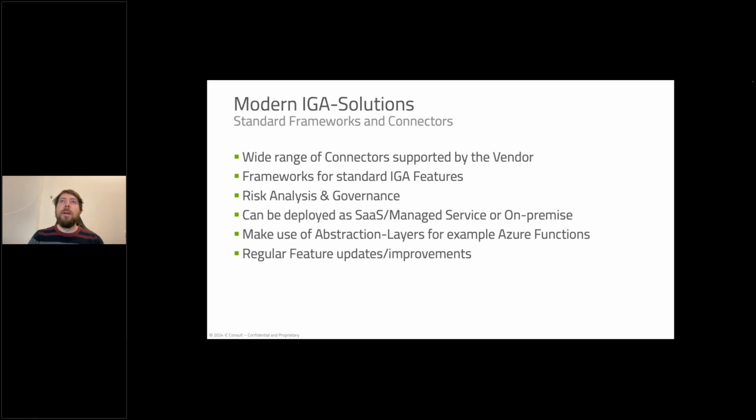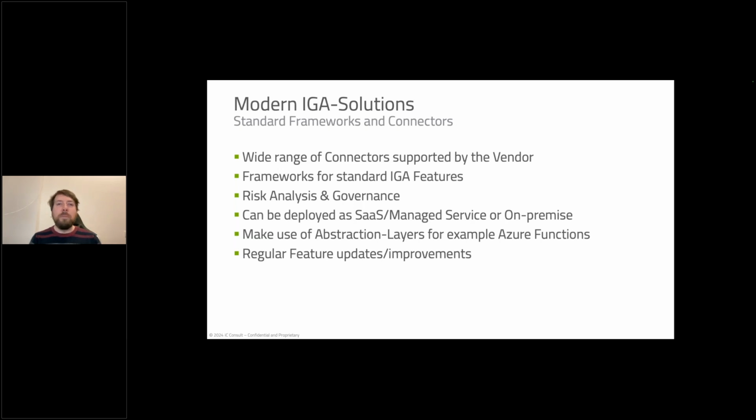Yeah. And one of the most important features, I would say, once you change to an IGA solution, since the market is not monolithic, we have many applications out there which claim that they can fulfill all your IGA needs. They are in competition. They will offer you new features on a regular basis.